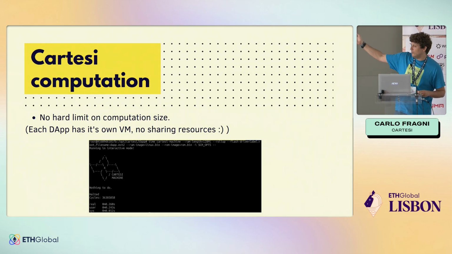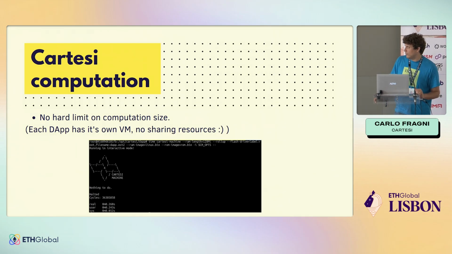So if you do equivalent operations on the EVM, it's not going to cost 3 gas, it's going to cost way more. But that's just to give you an idea of the scale of the computation you can do. And booting Linux and shutting down, which takes about 37 million RISC-V CPU instructions, happens on a laptop in 0.2 seconds, so it's pretty fast.